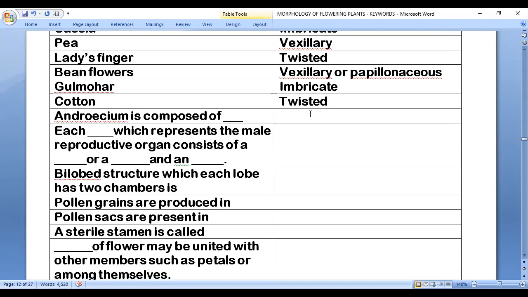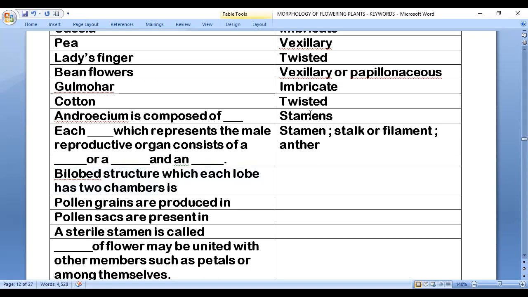Androecium is composed of stamens. Each stamen, which represents the male reproductive organ, consists of a stalk or filament and an anther.